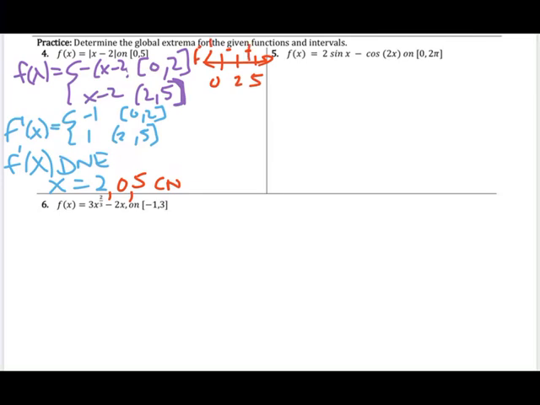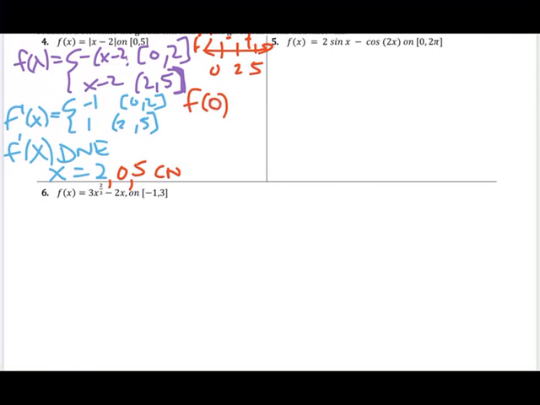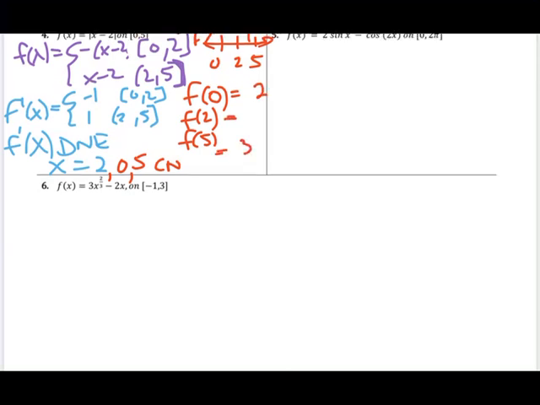And between 2 and 5, this is positive. So all three of these are still candidates. So we're going to test each of them, f of 0, f of 2, f of 5. F of 0 is 2, f of 2 is 0, f of 5 is 3. So the absolute max is 3, the absolute min is 0, and we can state that by the candidate test.